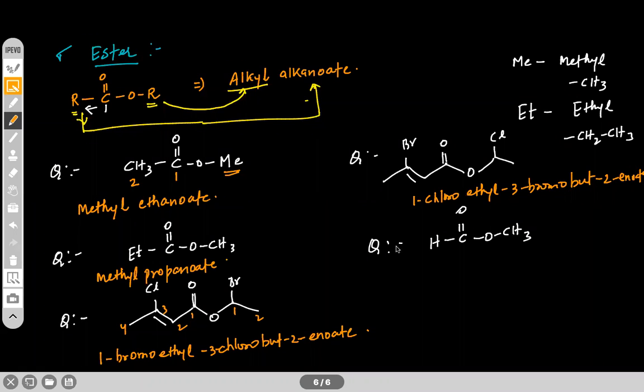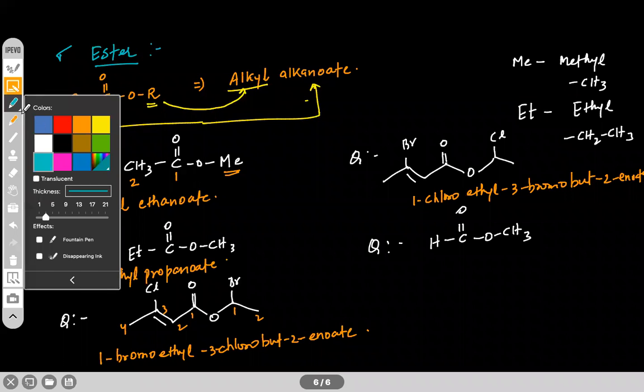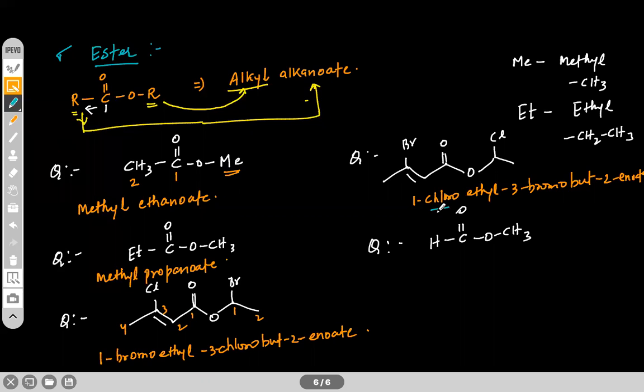Okay, now you see this one, I have written here chloro first and then bromo. Here it is bromo, chloro, right? So we do not consider here alphabetical sequence of this part and this part. We always write down this part first, whether it comes alphabetically or not. Are you getting it?